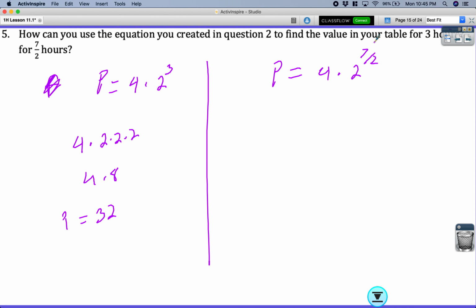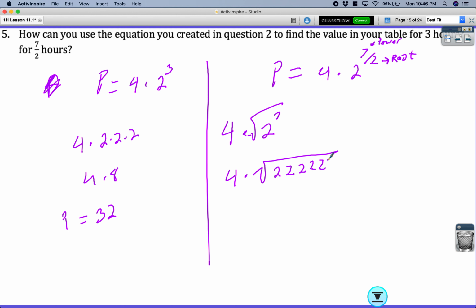Now how we do this is what I brought up, guys, is this is my power, this is my root. There are numerous ways to do this. So you can have 4 times 2 to the 7th power and take the square root of that. So if I were to do this, it would be 4 times the square root of, if I look at this, I got a bunch of 2's. I can take out 1, 2, 3. So this would be 4 times 8 times the square root of 2, which would be 32 root 2.